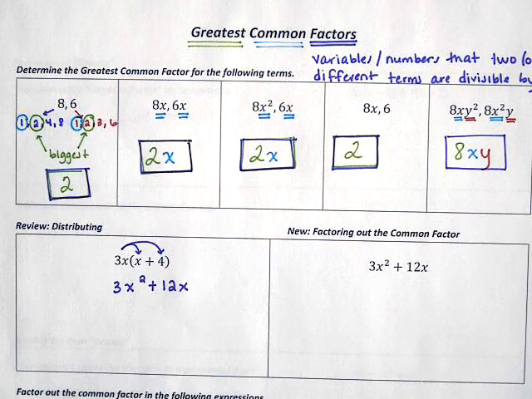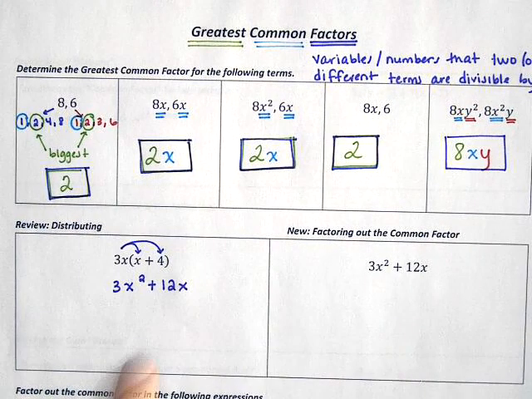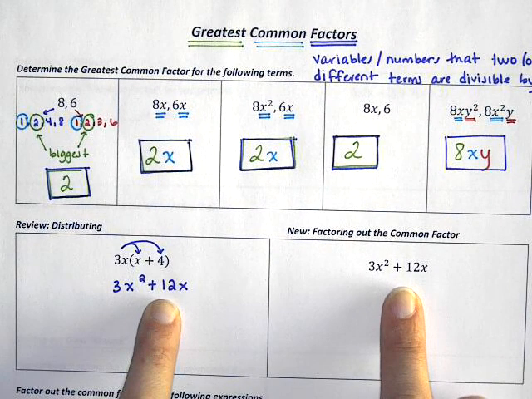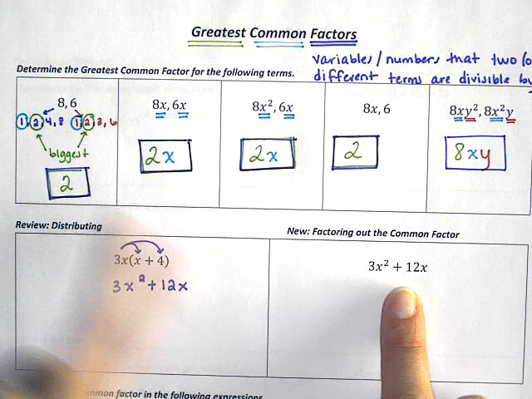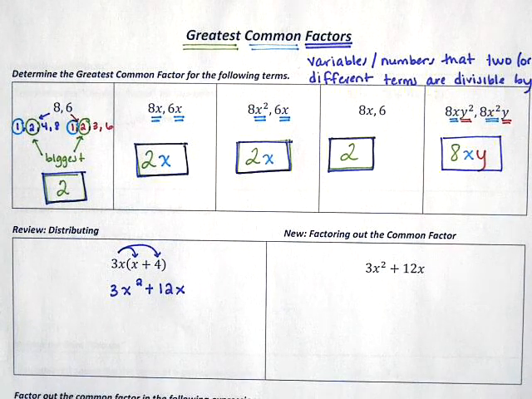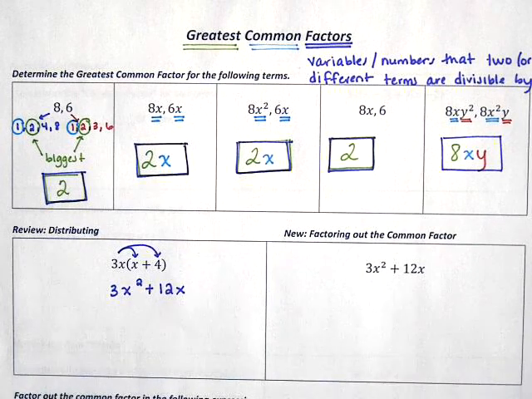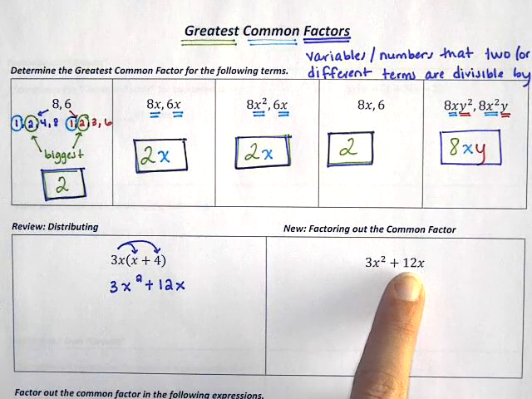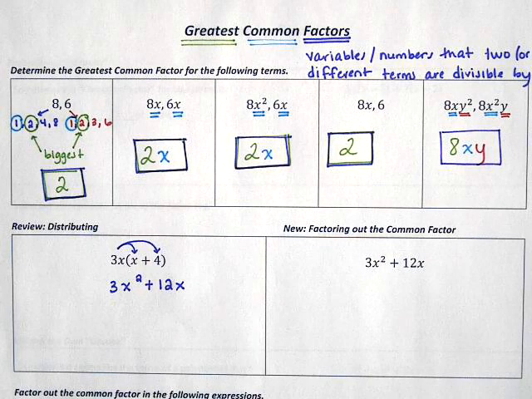Now in the problems we're going to be doing right now, we're going to be trying to undo that. So I'm going to give you 3x squared plus 12x, and your job is to undistribute that 3x. So how are you going to know to do that? Well, as you can see here, there are two different terms in my problem. We need to now figure out the common factor for those two terms.